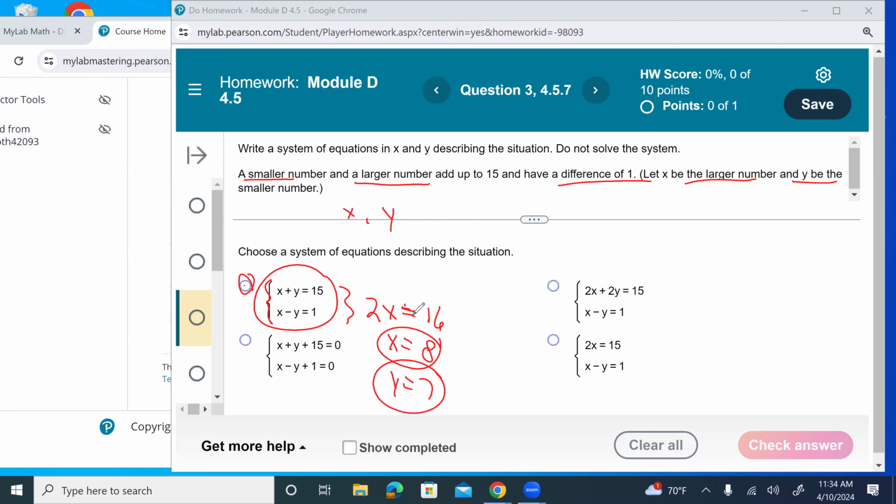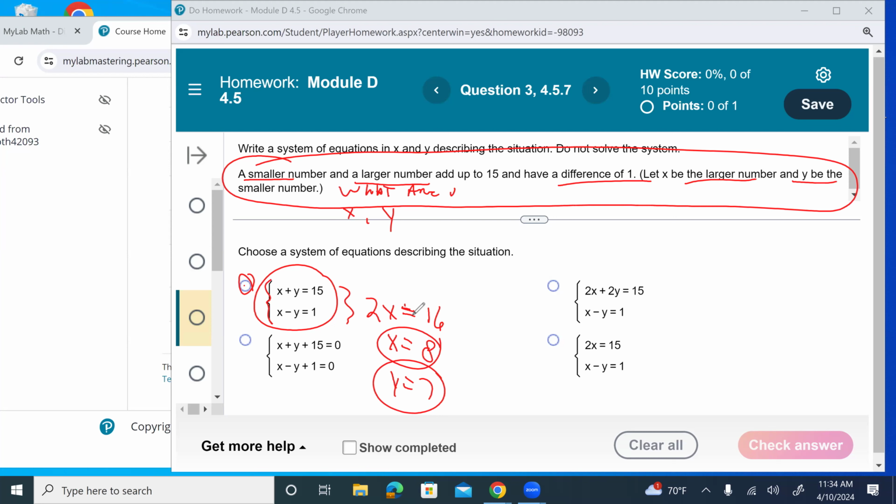Generally speaking, if you get a problem like this, the question would be like, what are the numbers?